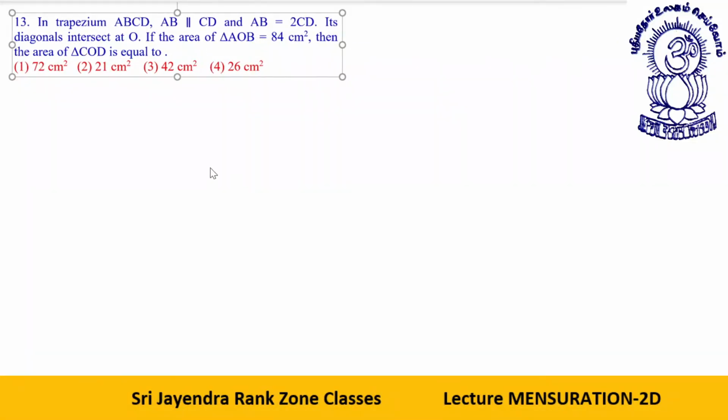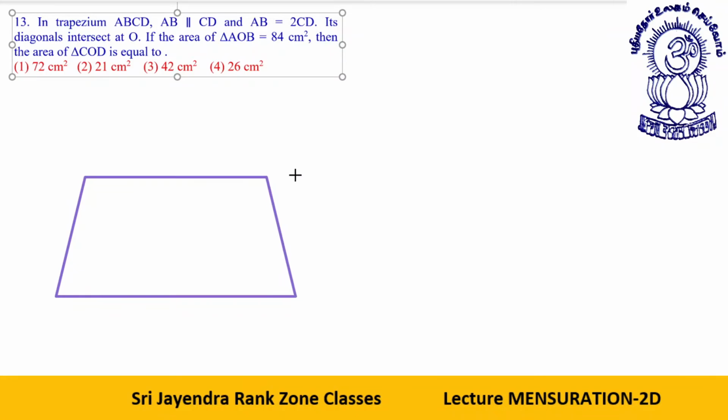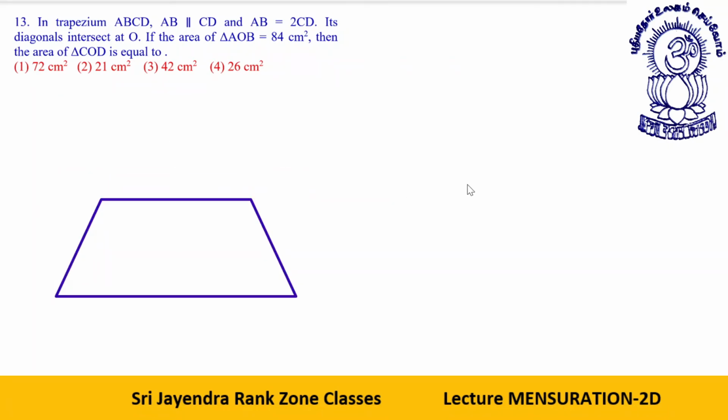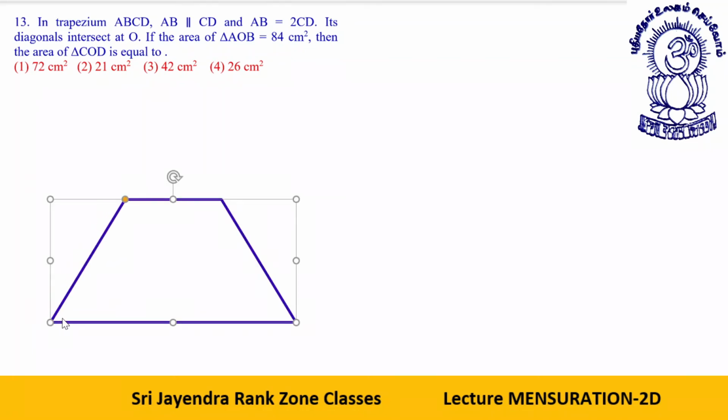In trapezium ABCD, AB is parallel to CD. Let me draw the trapezium first. AB parallel to CD and AB is equal to 2CD. It is not appearing to be double, so let's make the figure again.